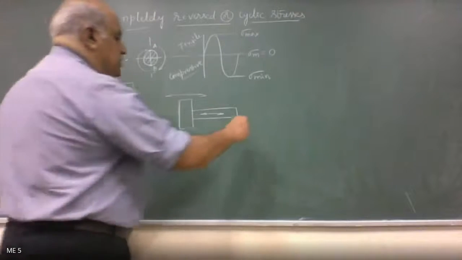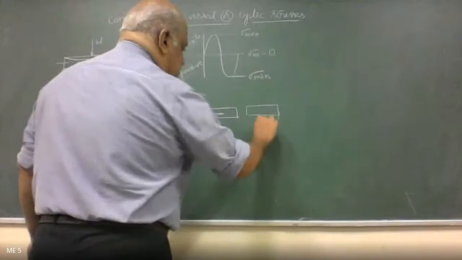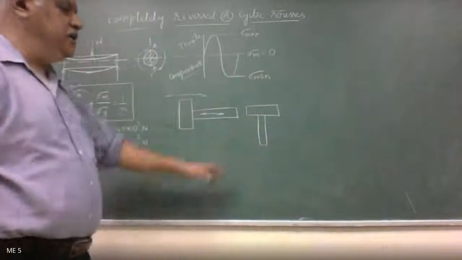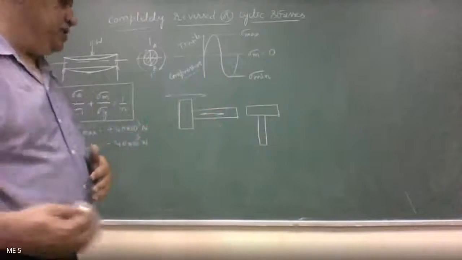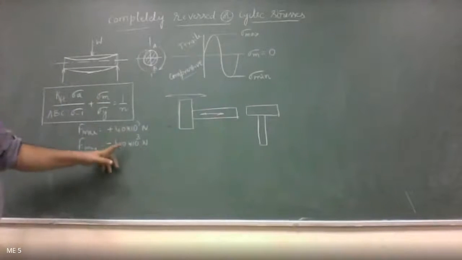Or if you take a regular engine, the connecting rod is subjected to alternating tension and compression as it goes to TDC and BDC. The load given to you is 40 kilonewton.